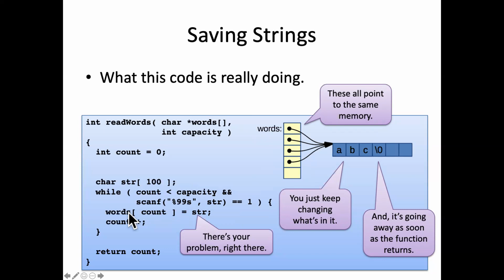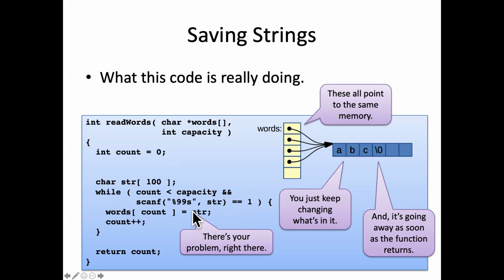This line of code right here, my array of pointers, my current element of it, I want that to hold the address of the string I just read. Well, in Java, this kind of thing would work because strings are always heap allocated. They're objects, so they get allocated just like stuff with the new operator.